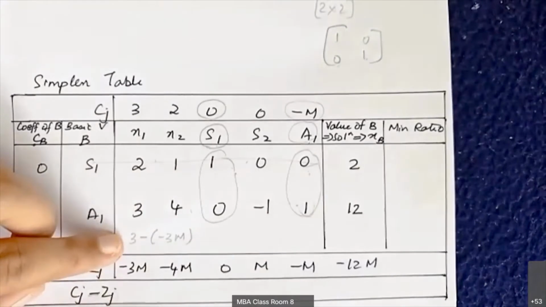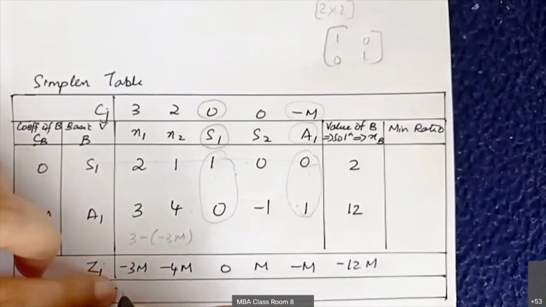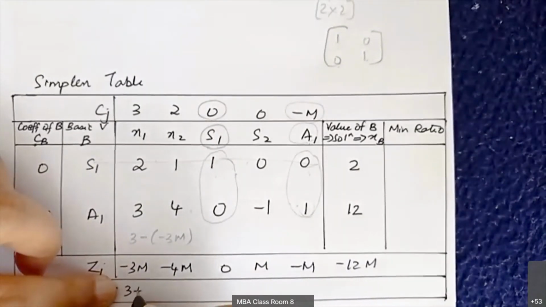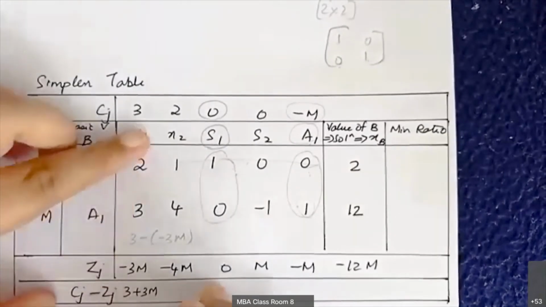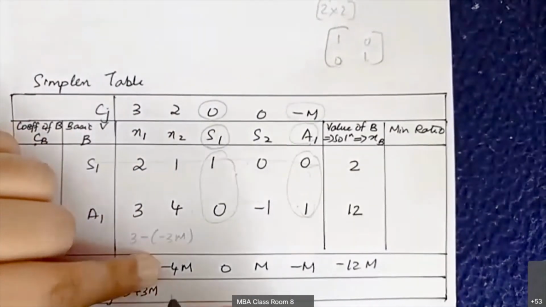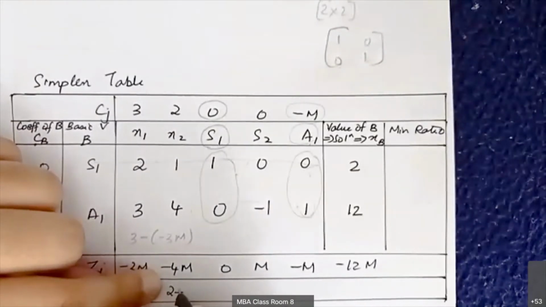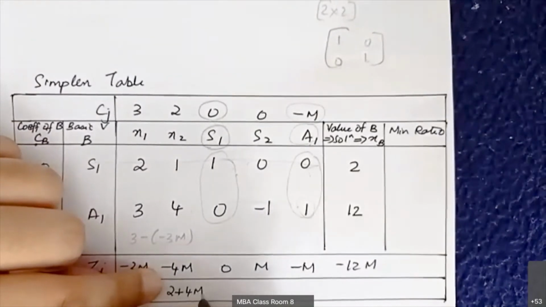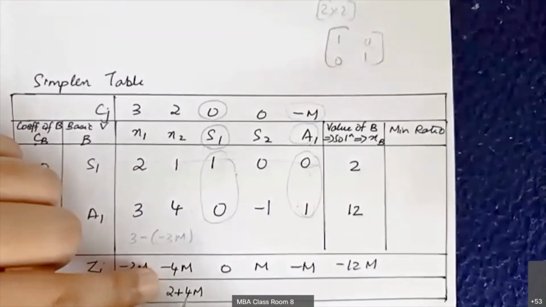You cannot solve it; you will have to write it like that itself. So it is 3 plus 3M. Similarly here, 2 minus minus 4M, so it will become 2 minus of minus is plus, 2 plus 4M. You cannot solve this; you will have to just write it like that.